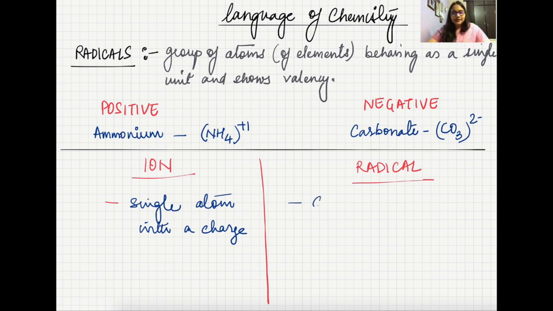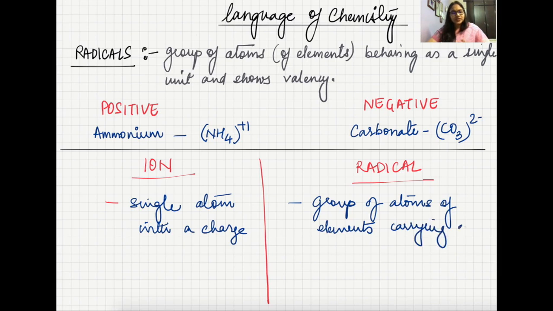Radical, like we defined a little earlier, is when a group of atoms carries a certain charge and shows valency; then that group of atoms is called a radical. Some examples of ions would be chloride ion with a -1 charge, a monovalent ion. Then you could have bromide, fluoride, sodium. Sodium ion is Na+1 ion. All of these are examples of ions.